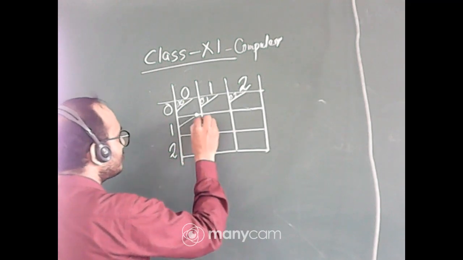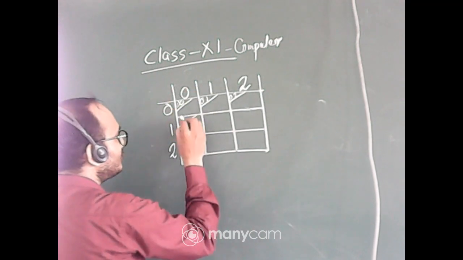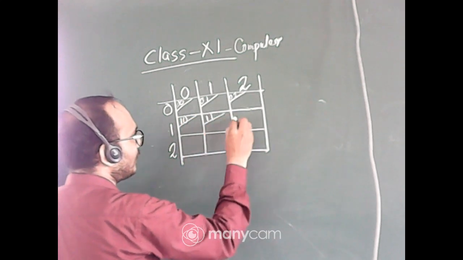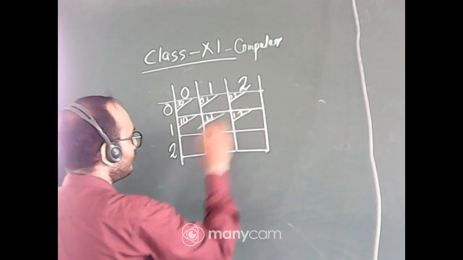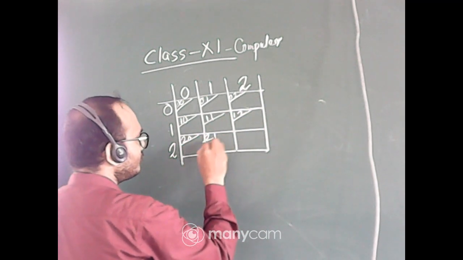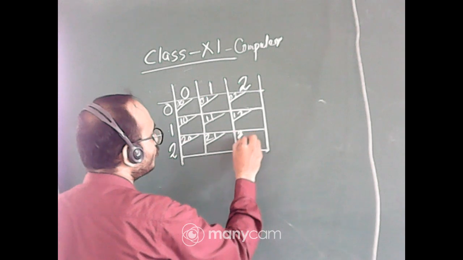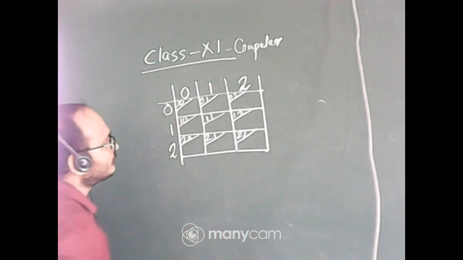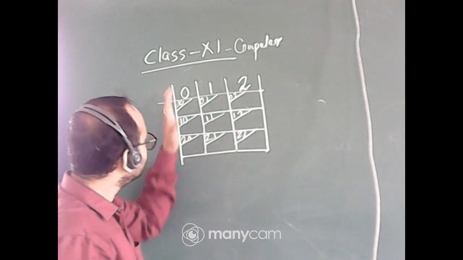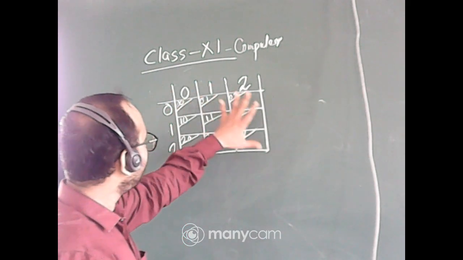Second, 1 row 0 column, 1 row 1 column, 1 row 2 column. Similarly, 2 0, 2 1, 2 2. This is the value of this box.